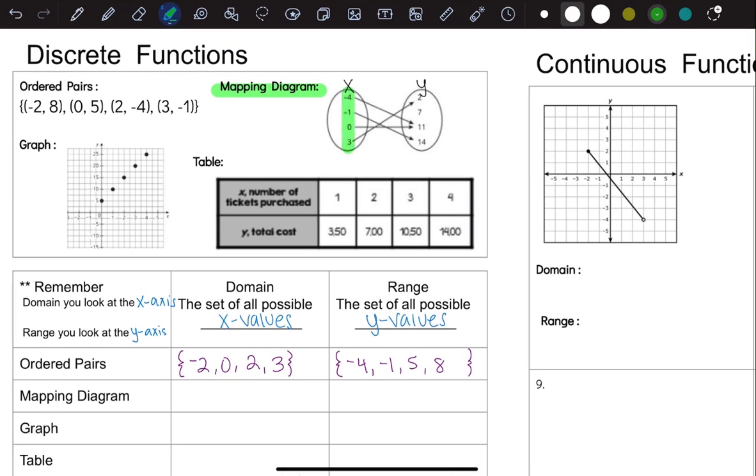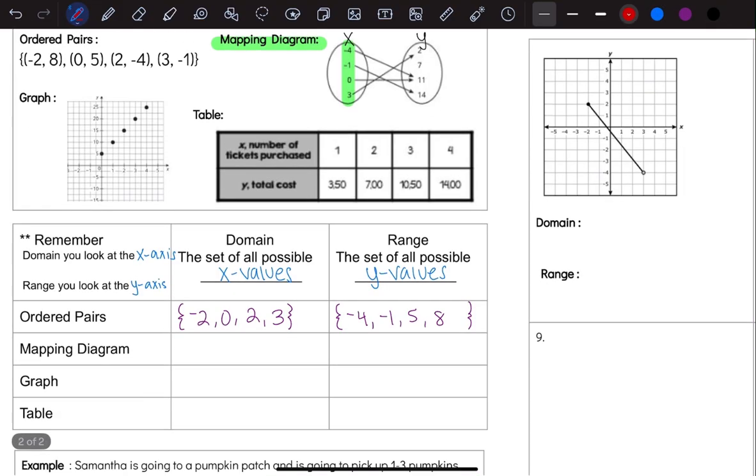That's going to be our domain. So our domain for the mapping diagram is -4, -1, 0, and 3. Remember, write that from least to greatest and close it off with curly brackets. So our y values from least to greatest are 2, 7, 11, and 14.